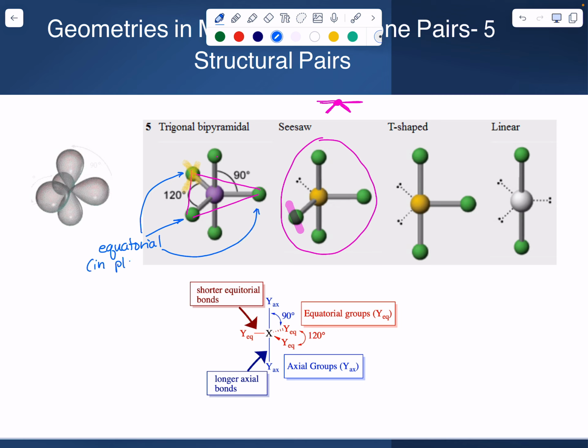These are the in-plane ones. And then the ones that are above or below are called axial. Okay, so we'll give those a different color. So they're on the long axis with the central atom, okay?